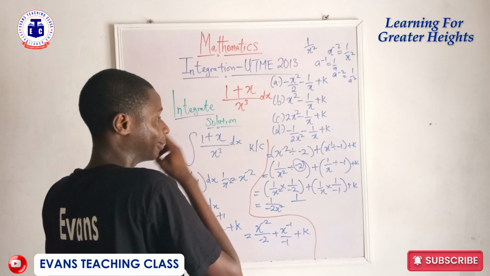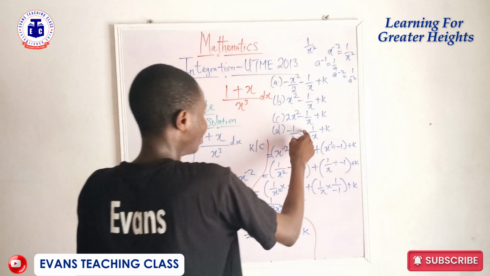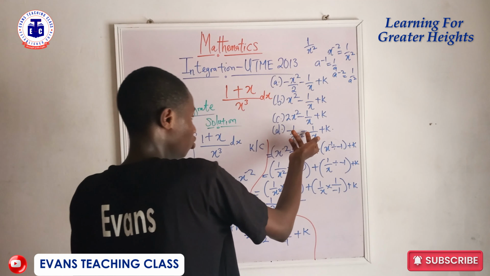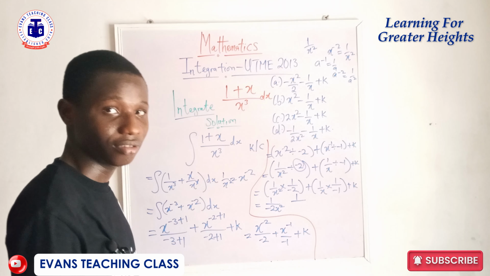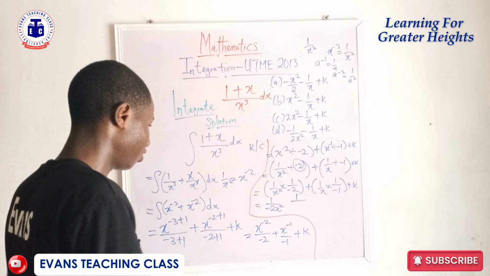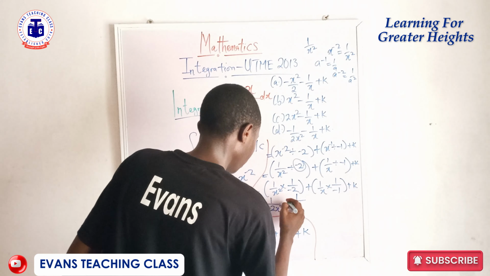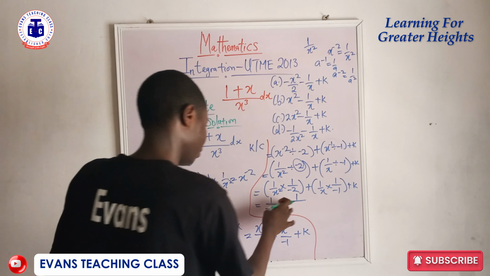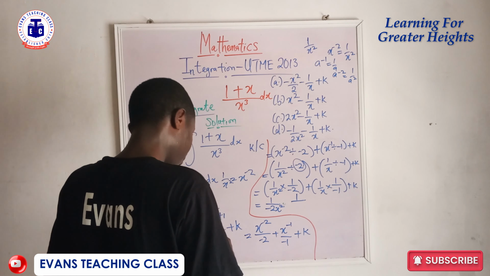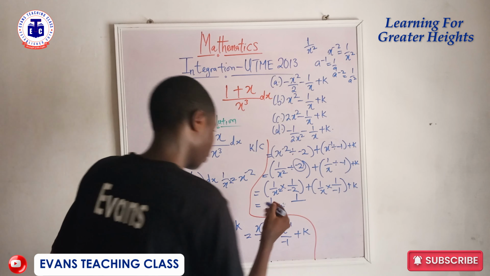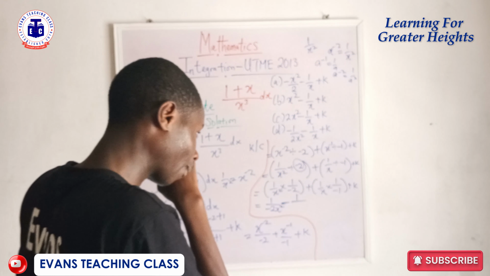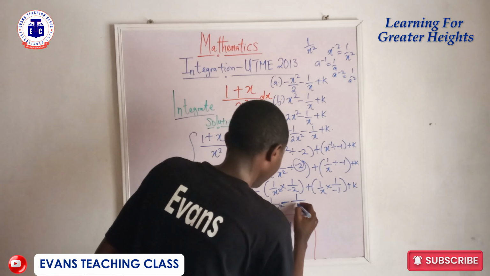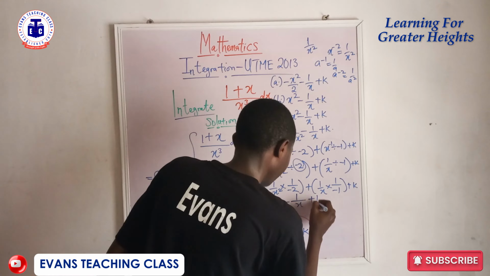I cannot write plus here and put minus here. I must use that minus to affect the plus. Do you understand what I did? So it will now become minus x like that plus k.